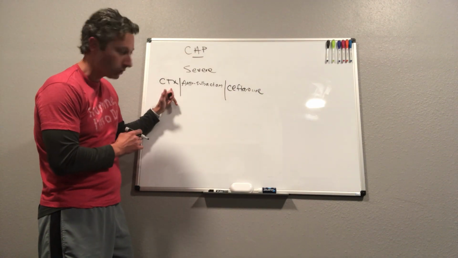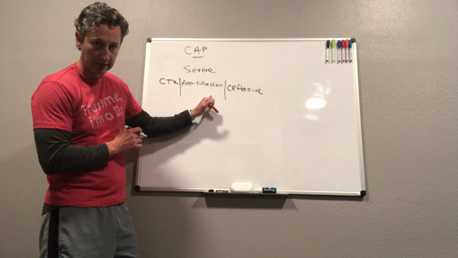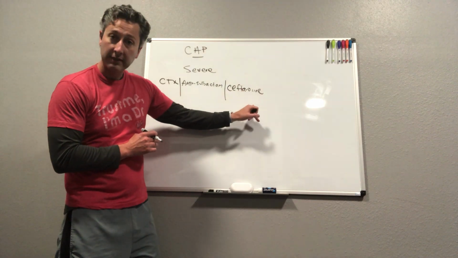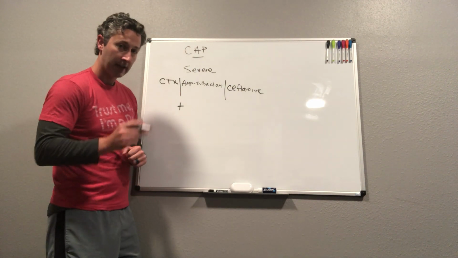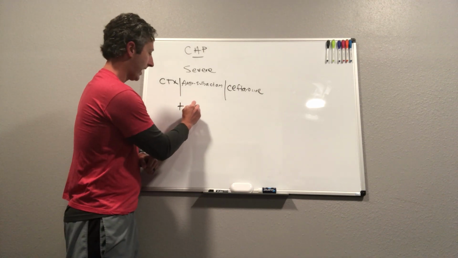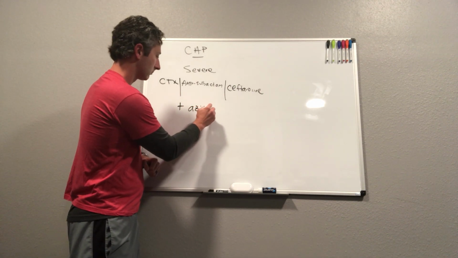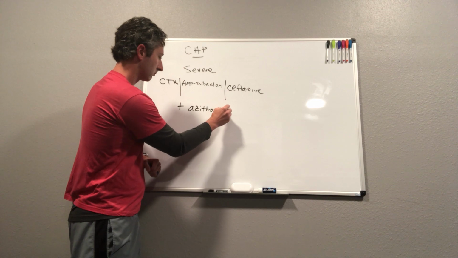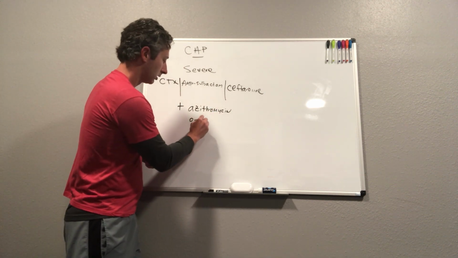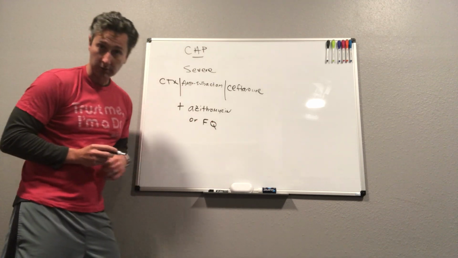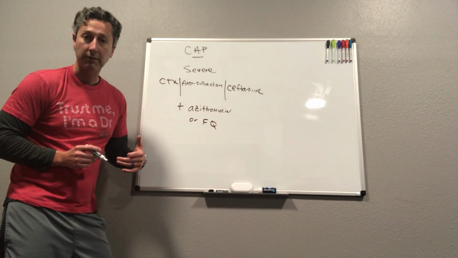So ceftriaxone, or ampicillin sulbactam, or ceftaroline. And I still need to add it to something. So I can add it to azithromycin, or I add it to a respiratory fluoroquinolone, so levofloxacin or moxifloxacin.